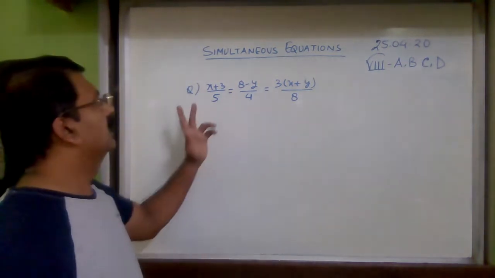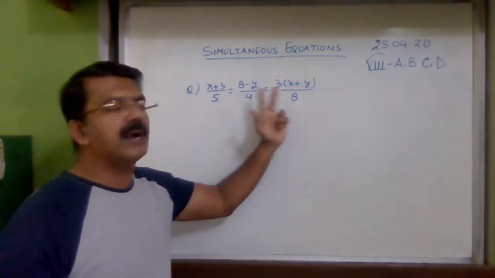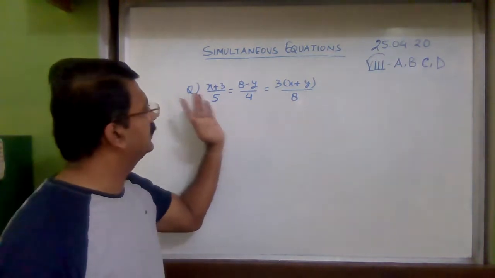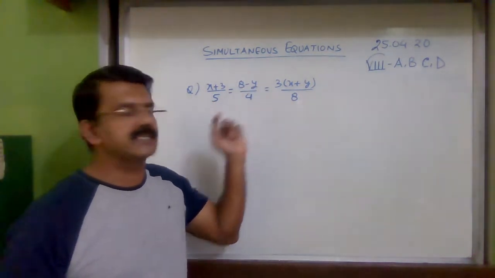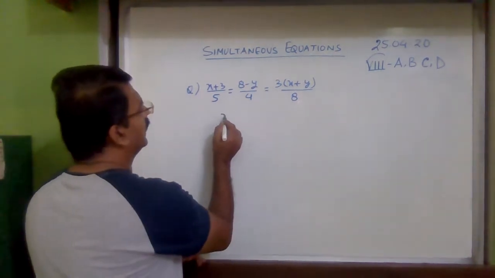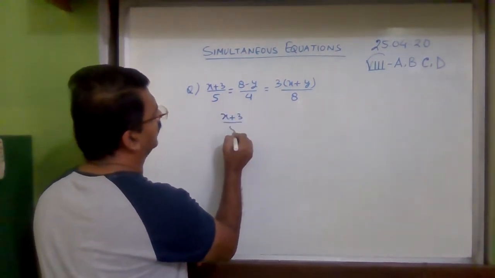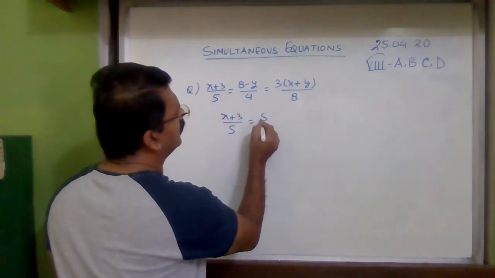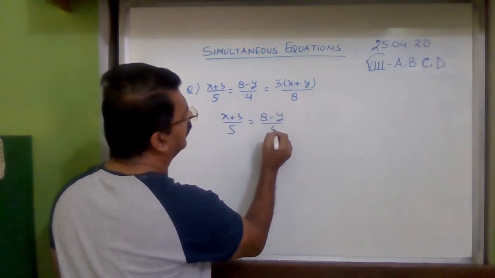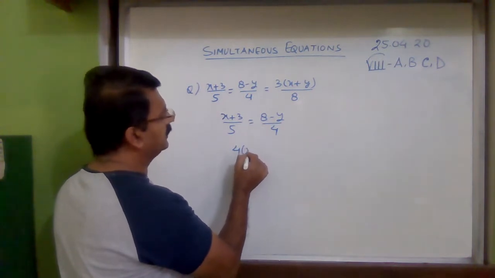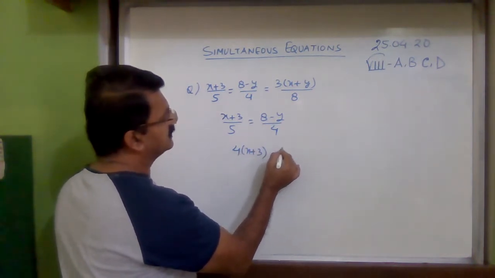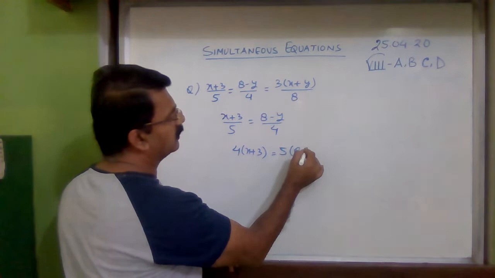As you can see, there are three parts of the equation and all three parts are equal to each other. First, take the first part and the second part: (x plus 3) by 5 is equal to (8 minus y) by 4. Cross multiplying, 4 into (x plus 3) is equal to 5 into (8 minus y).